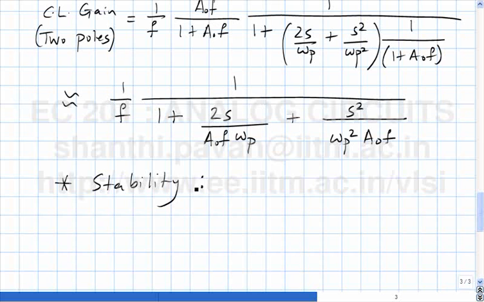So if you have a second order denominator, the poles will always be in the left half S plane if the coefficients are all of the same sign. Clearly A naught is positive, omega P is positive, F is positive, so this is positive. So is this.